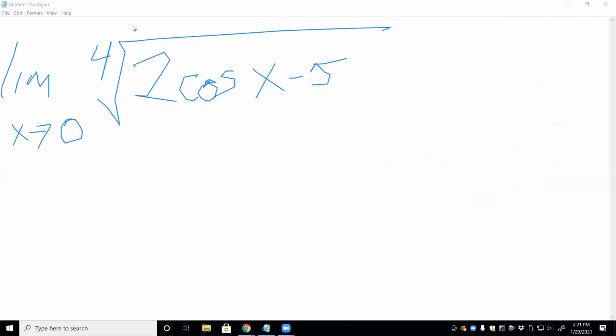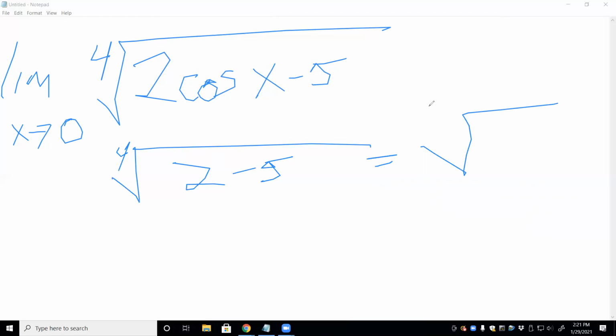So if I do a direct substitution, then I have the quad root of, well, what's the cosine of 0? It is 1. So now I have the quad root of minus 3. And that's the final answer, the quad root of minus 3? That's an imaginary number. So that limit, this is kind of interesting.